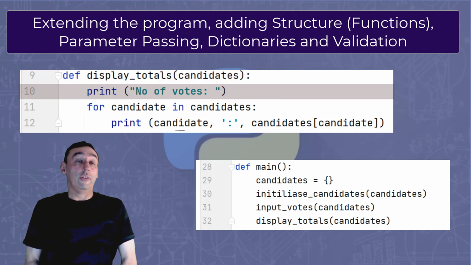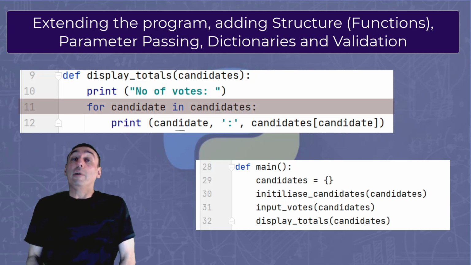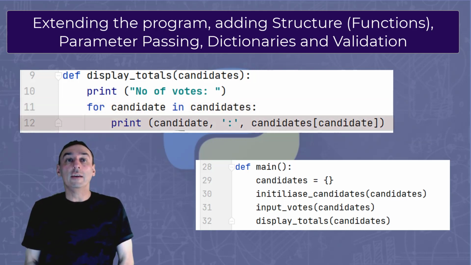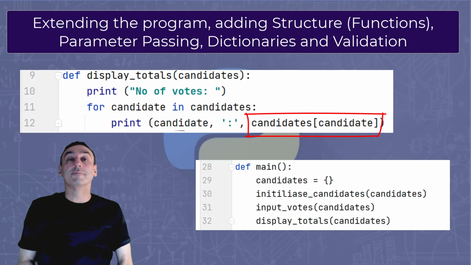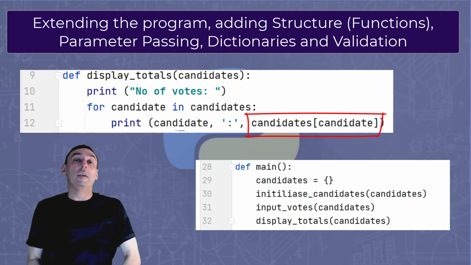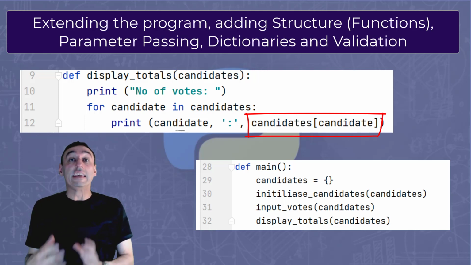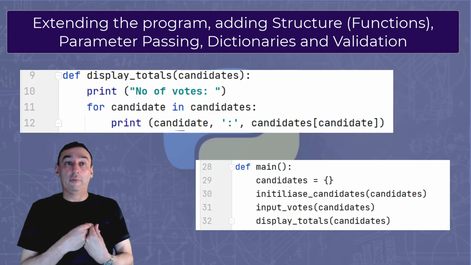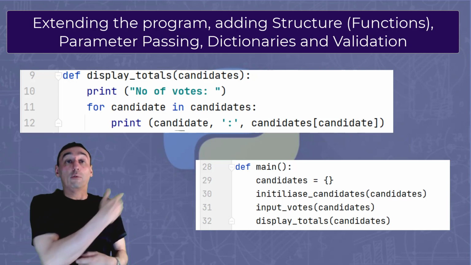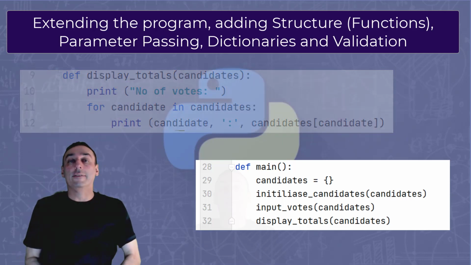The program will then print the title number of votes, and then we loop through each candidate in the candidates dictionary and we print the number of votes for that candidate, as you can see. Now notice we refer to the dictionary and we refer to the candidate, the key value, to return the corresponding votes for that particular candidate in the loop, and that will just display in that format.